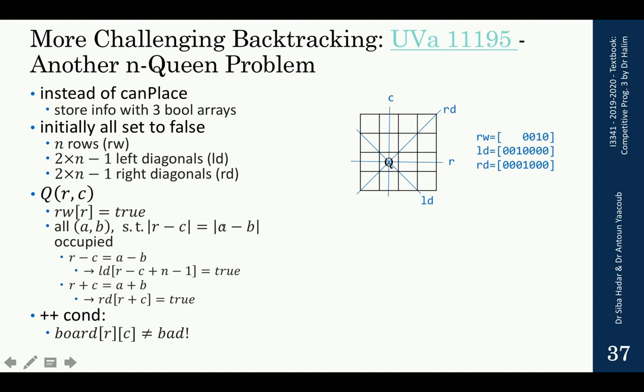So we can take C to the same side, and we obtain that the left diagonal that will be occupied is LD of R minus C, and we add n minus 1 in order to have a positive index, and the right diagonal of index R plus C is also occupied whenever I put a queen at indexes R and C. And we add to this the condition that was initially in the problem, that there are bad cells and we don't want to place queens on bad cells.